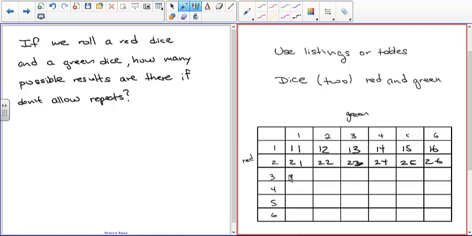Then you change the first number to 3, and you do that again. And then the red dice can be a 4. So it's basically just like writing out 2-digit numbers, where the first digit can be a 1 through 6, and the second digit can be 1 through 6.